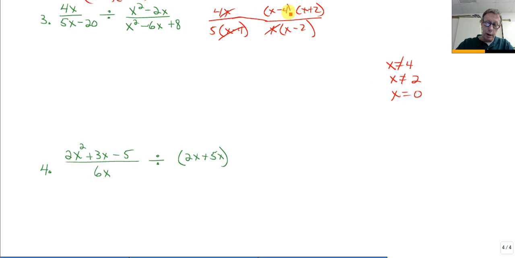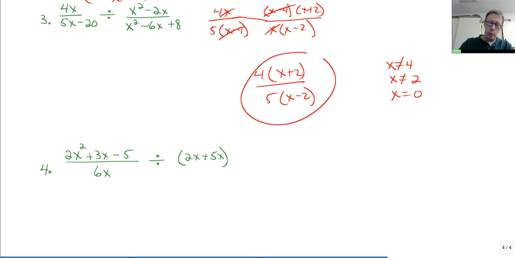I have an x minus 4, and I have an x plus 2 and x minus 2, and they're not going to be able to be simplified. So my final answer would be 4 times x plus 2 all over 5 times x minus 2, and that would be the way I would leave it.